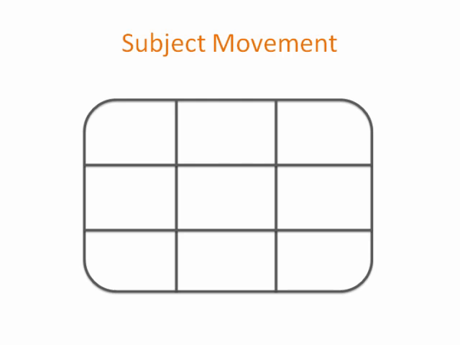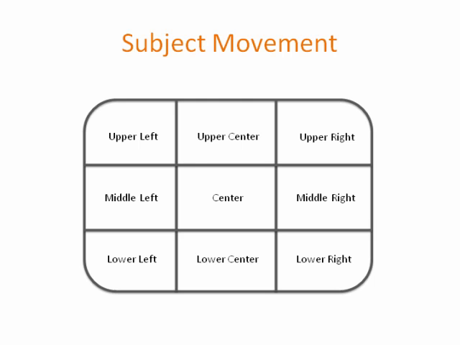Now, if you were to divide your screen up into 9 different sections, you would see, of course, we have the upper left, upper middle, upper right, middle left, center, middle right, lower left, lower center, and then lower right. Now, pay close attention to the lower right.